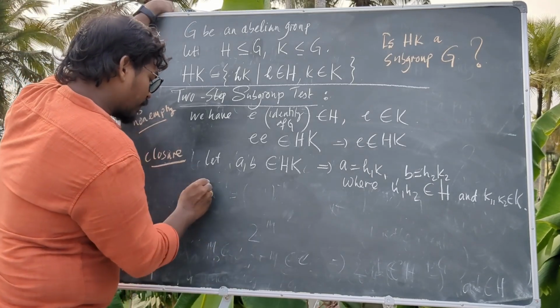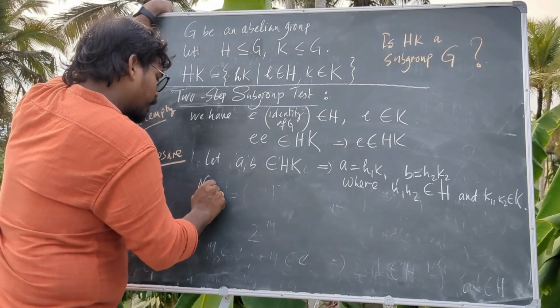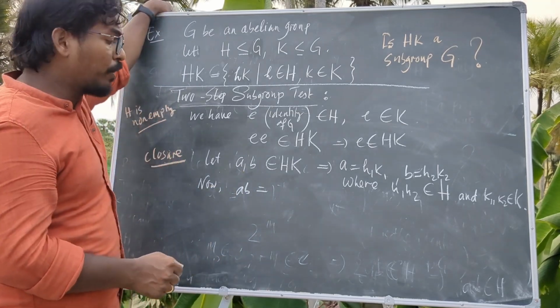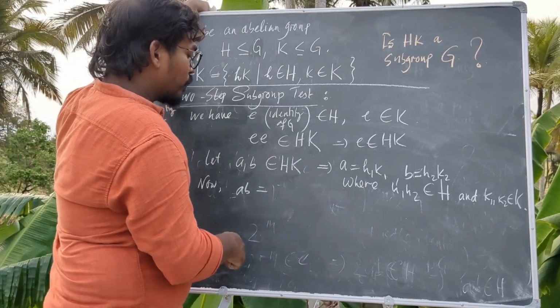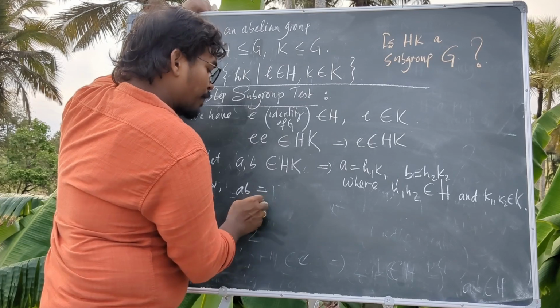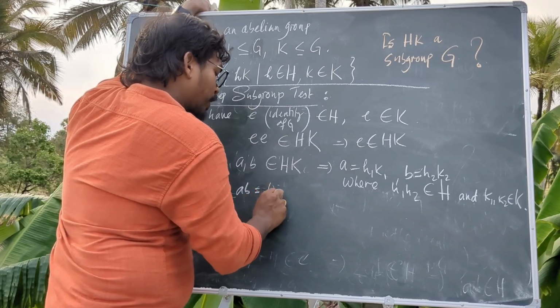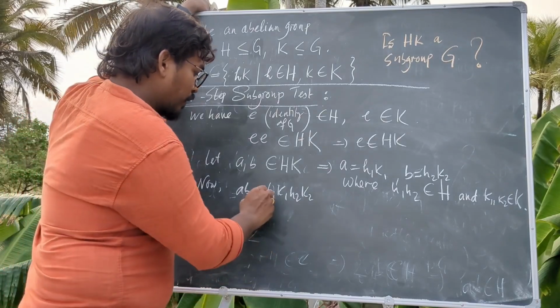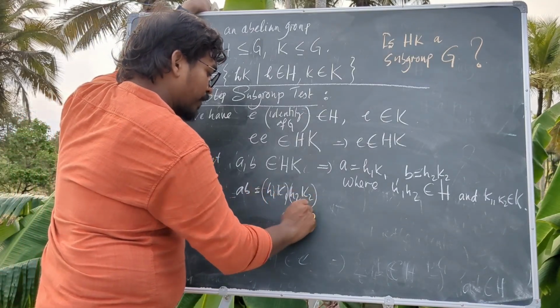The product, now we have AB. We are using multiplicative notation throughout this example. AB equals H1 K1 H2 K2. This is my first element, this is my second element.